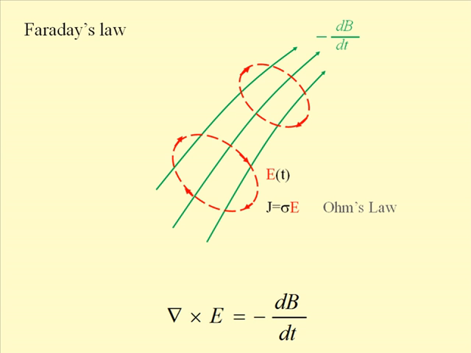In order to emphasize the fact that the magnetic field varies as a function of time, I've made it flash, because a flashing field is one that changes as a function of time, just as the magnetic field must change as a function of time in order to induce an electric field around the magnetic field. So whenever you see a flashing magnetic field, you know that an electric field will be circulating around that magnetic field.